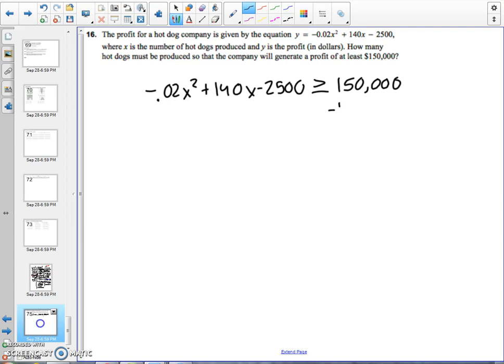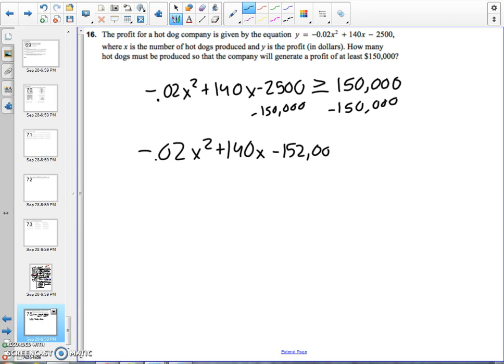So I need this to be equal to 0 first. I'll subtract 150,000 from each side. So negative 0.02x squared plus 140x minus 152,500. Oops.